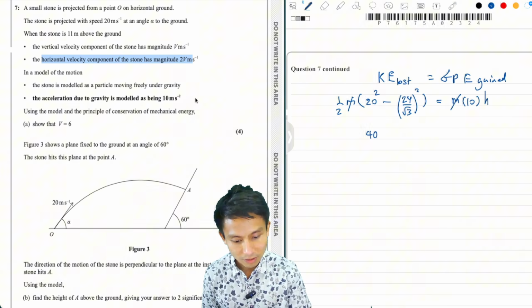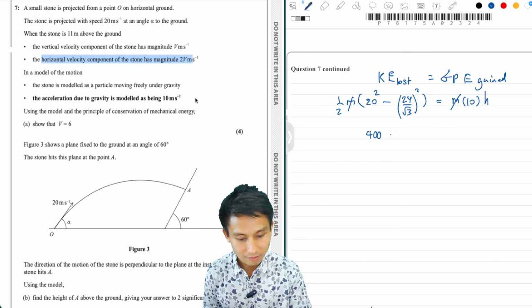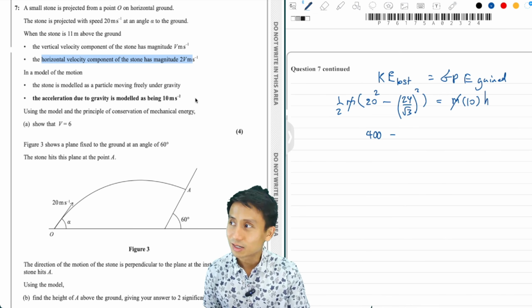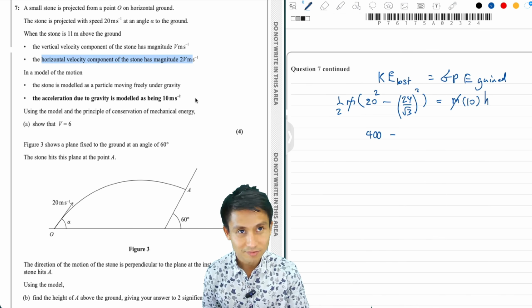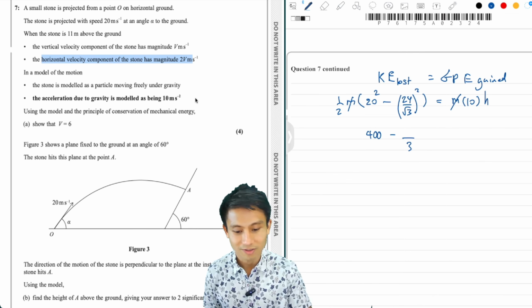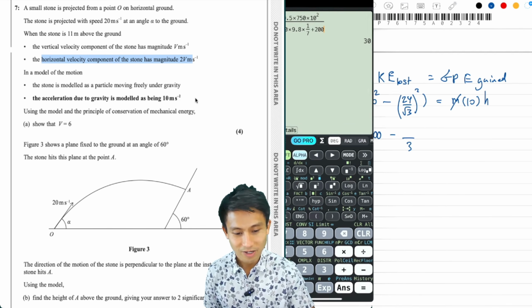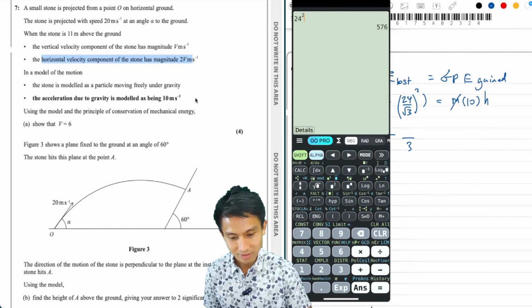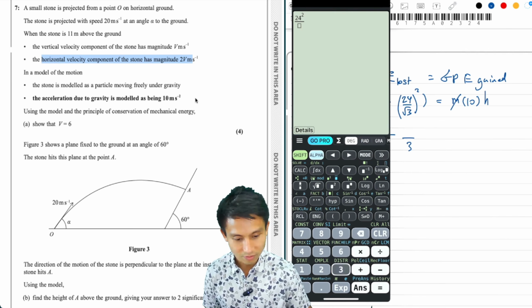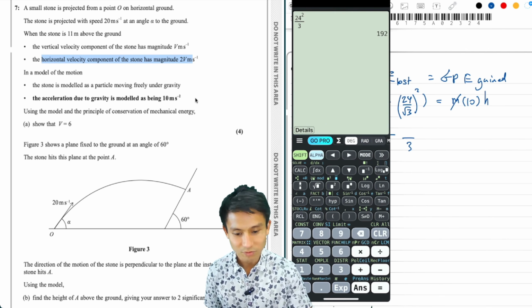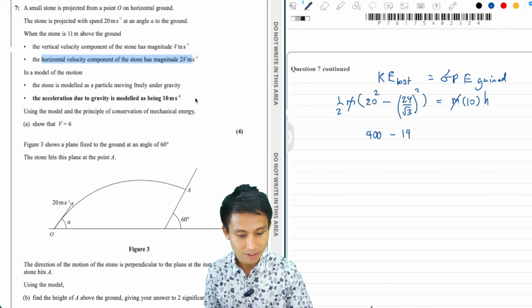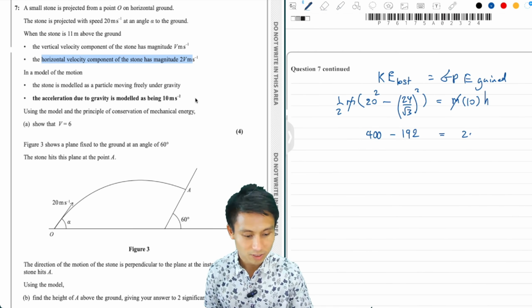So I get 400 here in the brackets. And minus 24 squared, is it... I forgot. Wait, hang on. Or I can do this. Well, let's use a calculator. Over 3, right? Because root 3 squared. So that's 192 equals 20h.